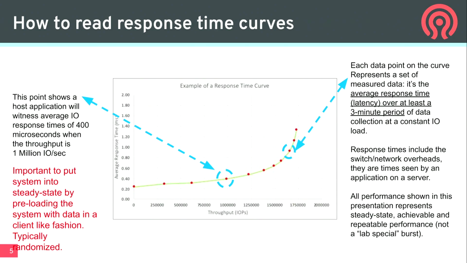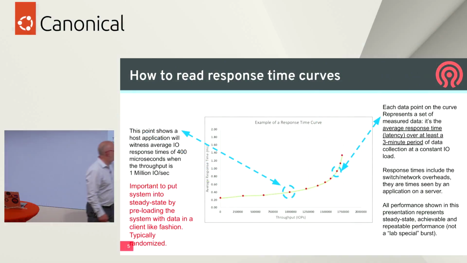So when you're plotting a response curve, you're essentially running I/O for typically somewhere between 3 and 5 minutes at a specific queue depth, and then you plot what the average IOPS was for that particular point, and you keep on doing that, gradually increasing the queue depth, and then you draw a response curve from it.